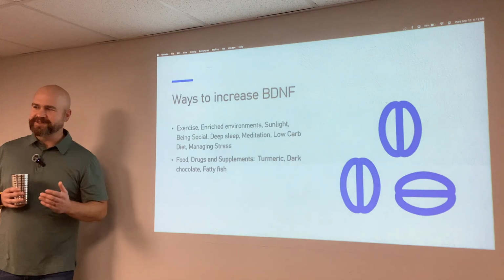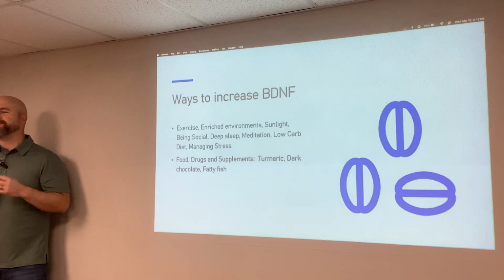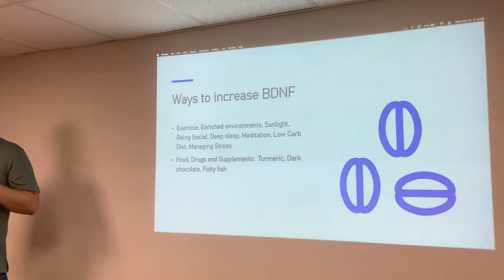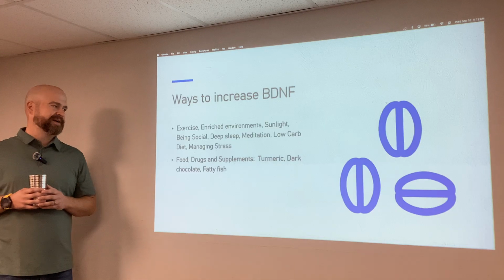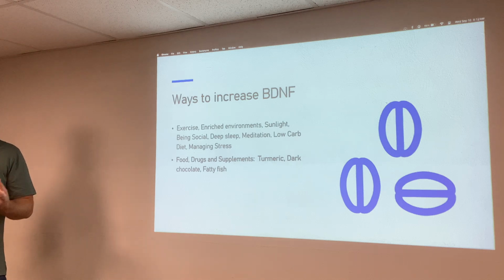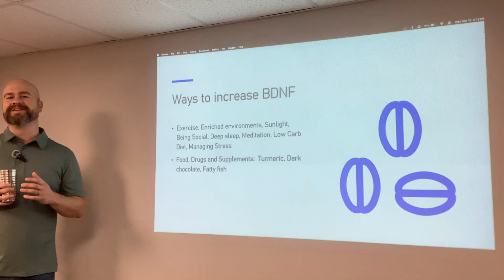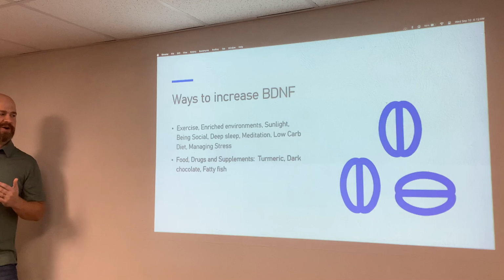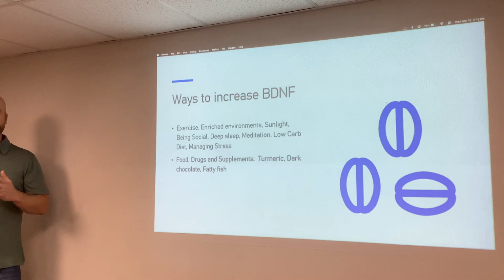Deep sleep. How many of our VIPs have sleep apnea or some kind of sleeping disorder, where they struggle with sleeping, reaching that REM sleep, which is very important for brain repair. So deep sleep could be an avenue for us to look into and help our VIPs with the help of doctors. Meditation or relaxation could be another way. A low-carb diet, and managing stress.